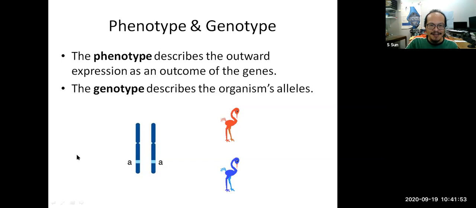This portion, this gene from two parents, or the two copies of a gene, are called alleles. Say this gene decides the color. This same gene can have multiple alleles. In your body you only have two copies, but in a population it could be many.